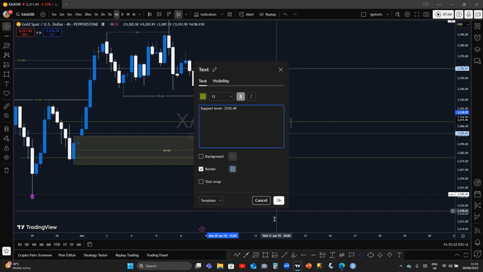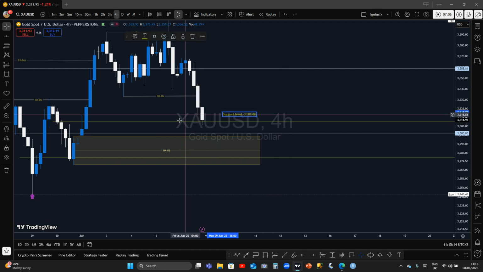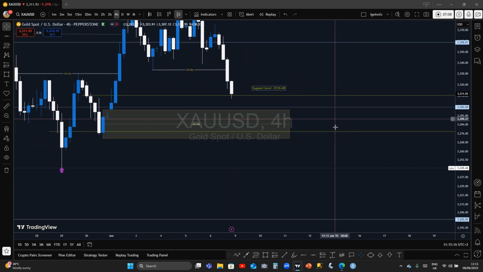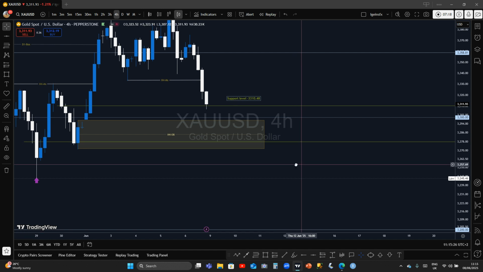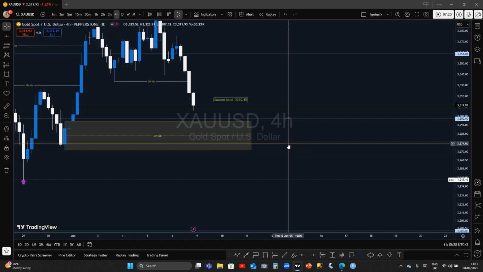3310.48. This is what? Our current support level. And we also have, if price breaks this support, the next support that we are going to be putting our eyes on is what?